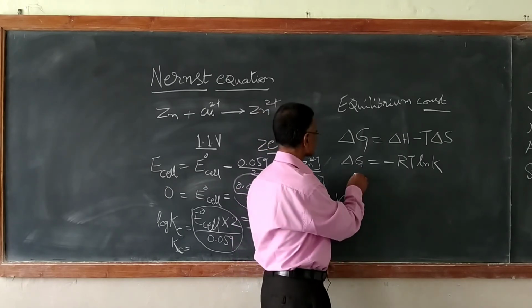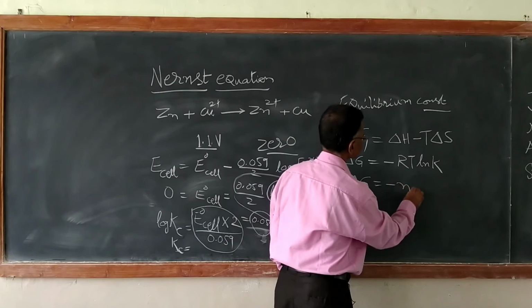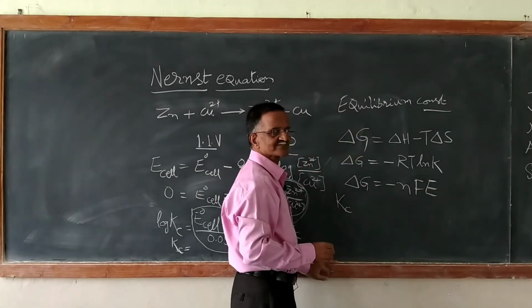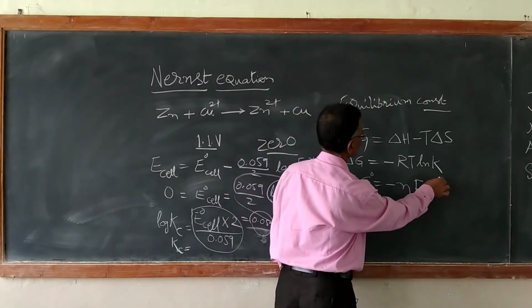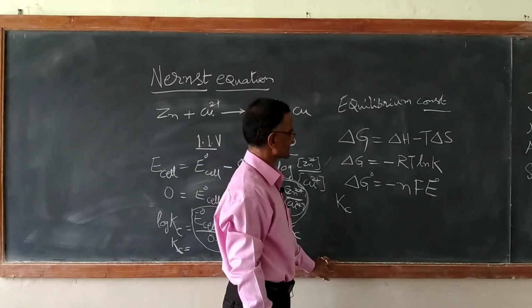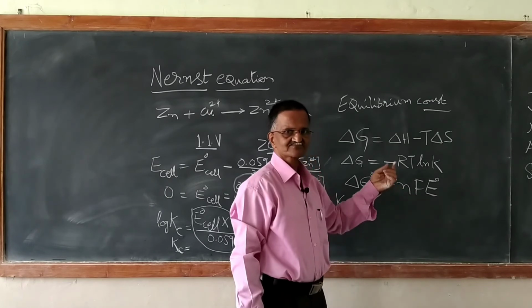The other way, I told last year, I am recalling again. Under standard conditions, you find delta G naught equal to minus nFE naught. What is nFE naught?